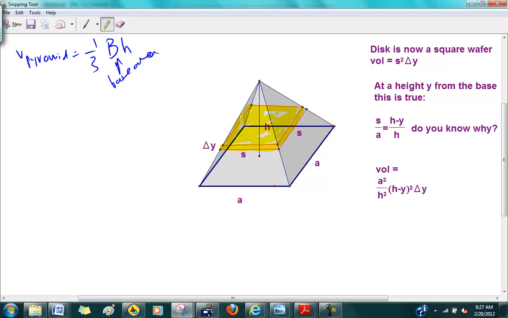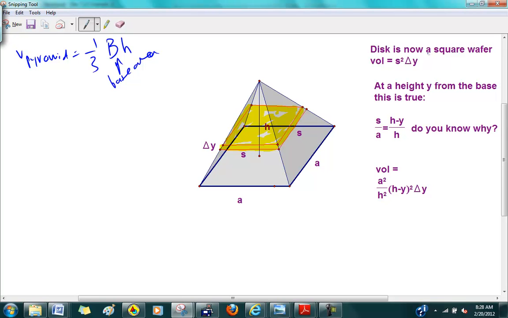As you take horizontal cross sections of the pyramid, you're going to get wafers with different sides of the square. The base of the pyramid has sides a, but anywhere else the sides are going to be s by s. It's a square pyramid.